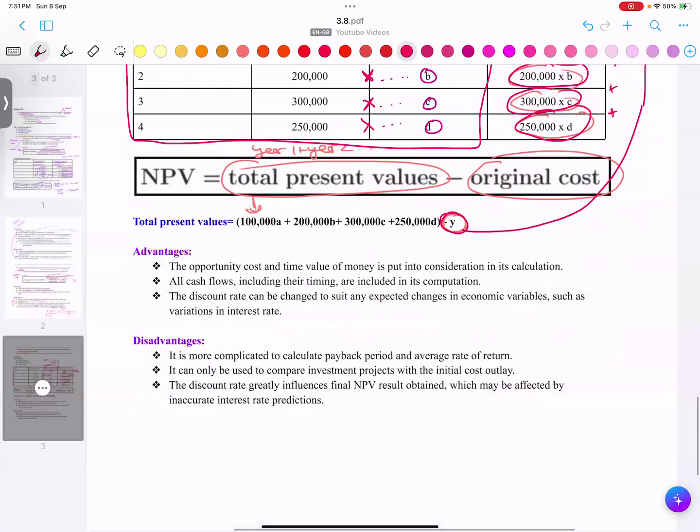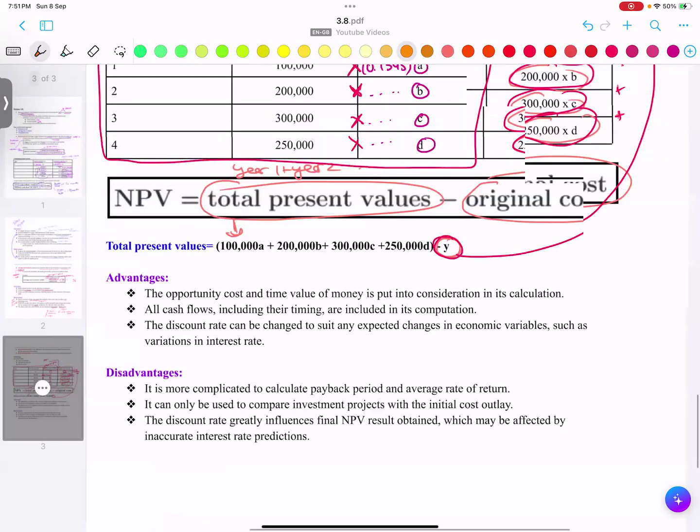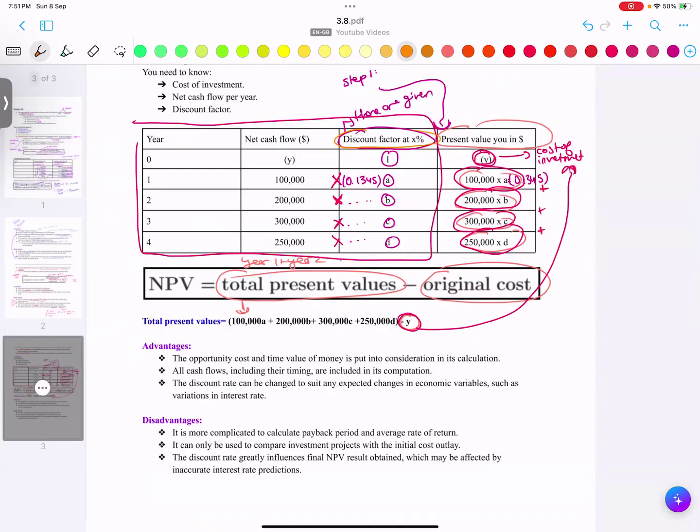Now the advantages. The advantage is that the opportunity cost and time value of money are taken into consideration in its calculation. How is it done? That's why you have a discount factor. The discount factor shows the time value of money.